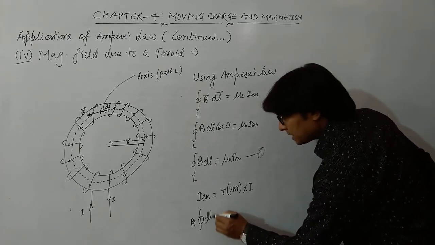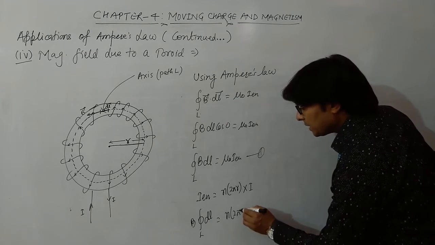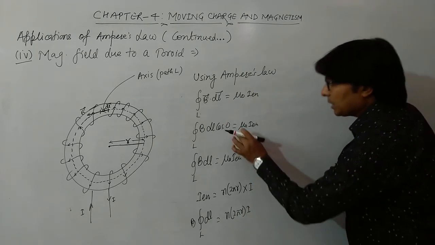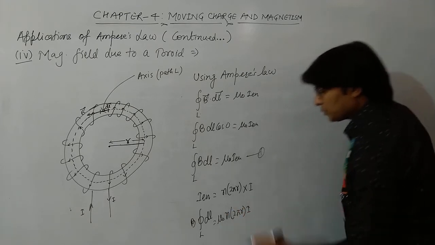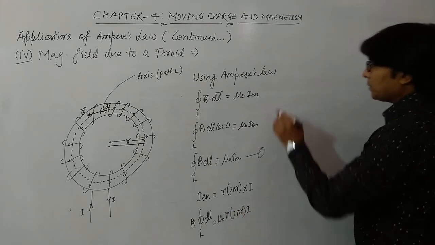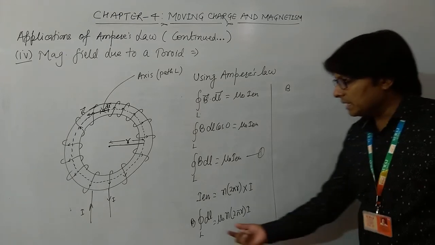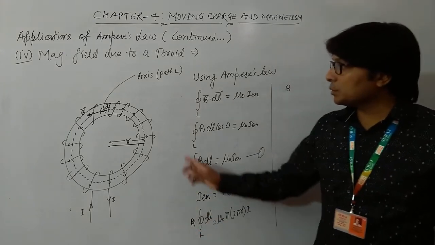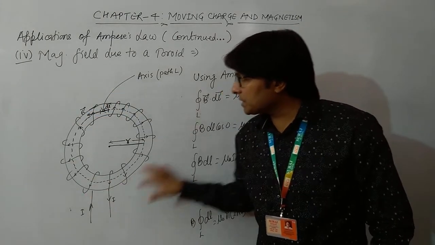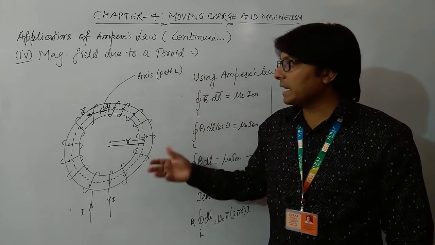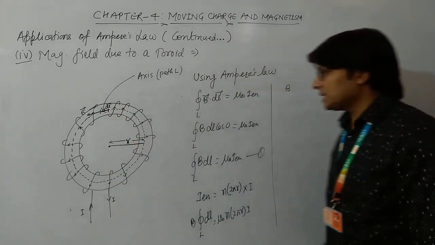So B times integration of dl over path L is equal to mu 0 times n into 2 pi r into I. Integration of dl means all the dl are summed up, so finally we get the circumference of this toroid, which is 2 pi r.